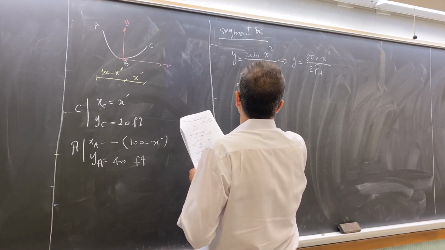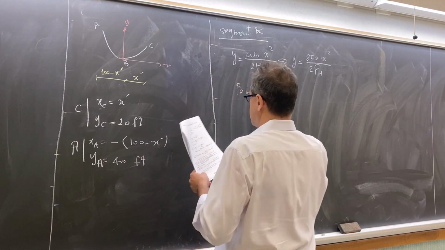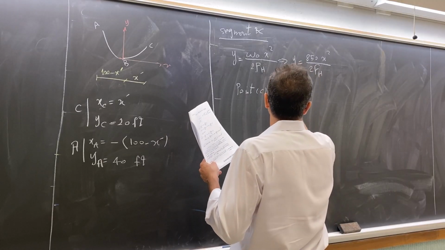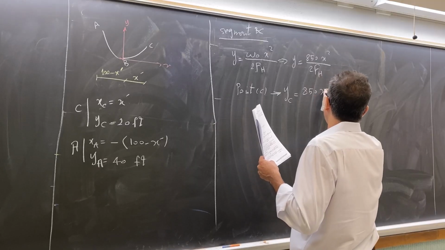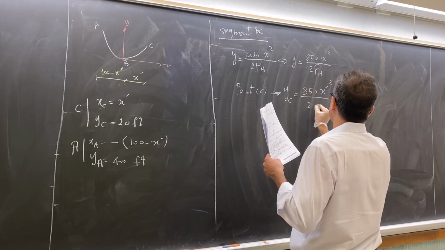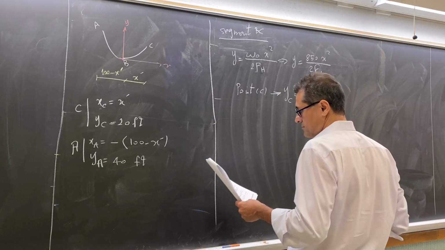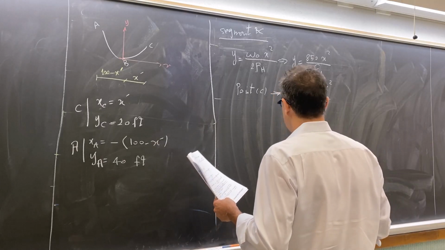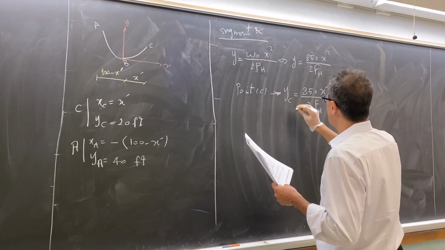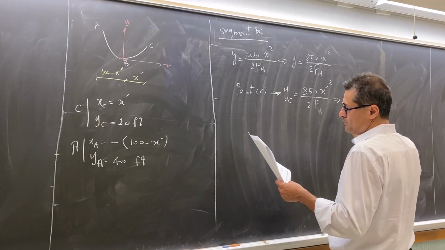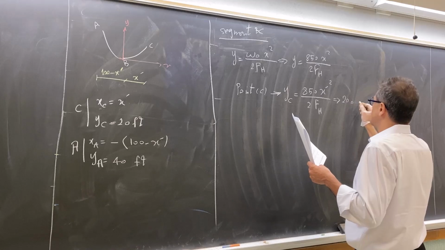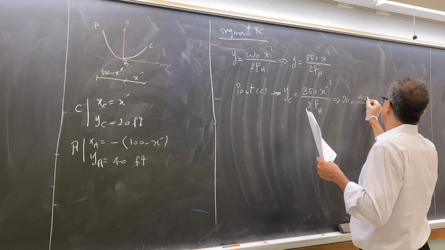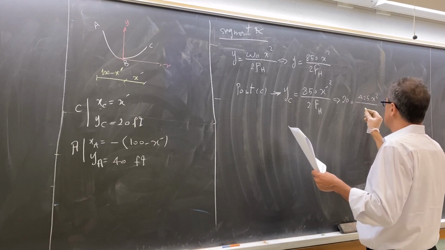For point C, we use the coordinates. yc is 850 x prime squared divided by 2 times fh. And then, because we know y is, for point C, we know y is 20 feet, we simplify it in this way.